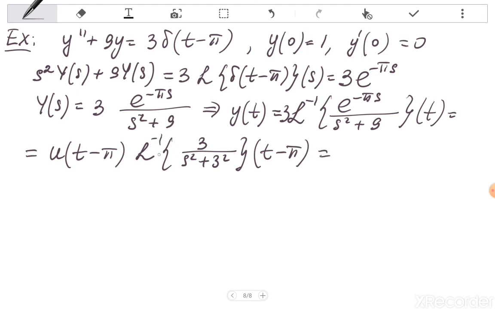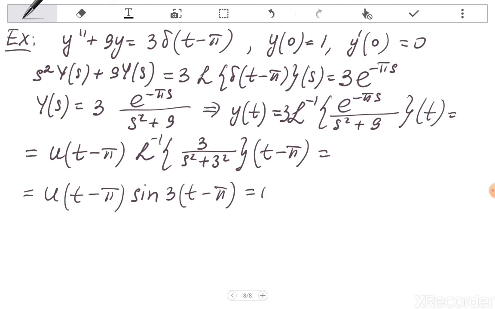So u(t minus pi), and this one is sine, and b is 3 here. So this is sine 3t, but with the value t minus pi.